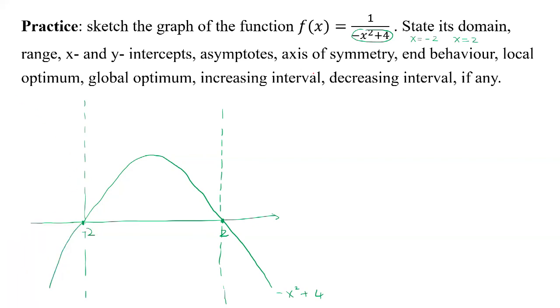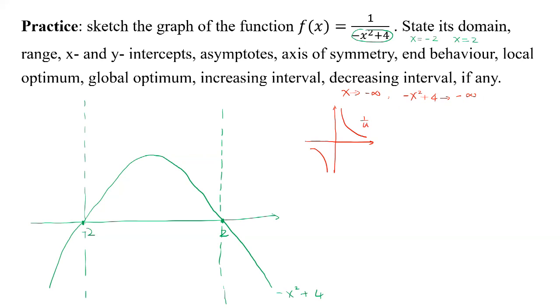When x approaches -∞, you can see that minus x squared plus 4 also approaches -∞. Then we consider its reciprocal, which is the function 1 over u.